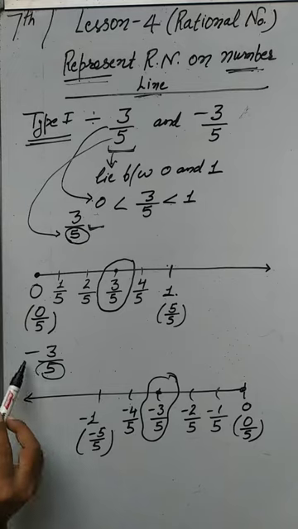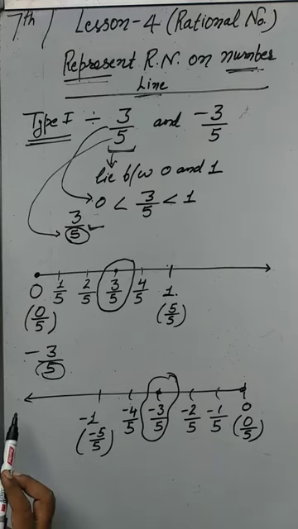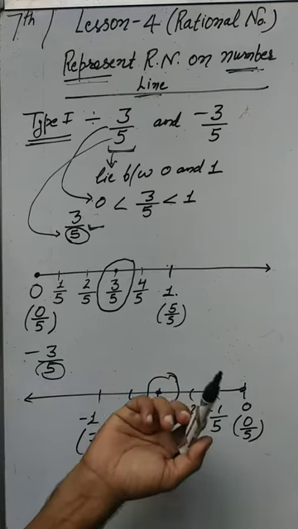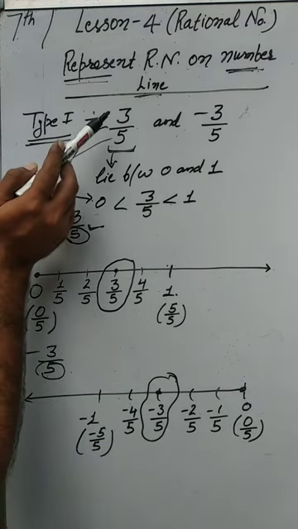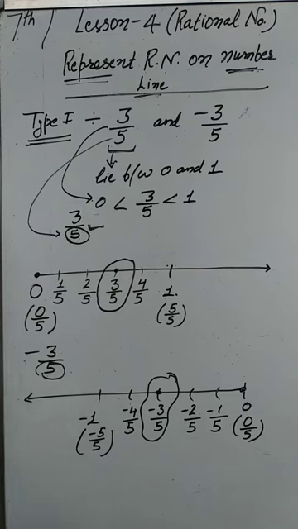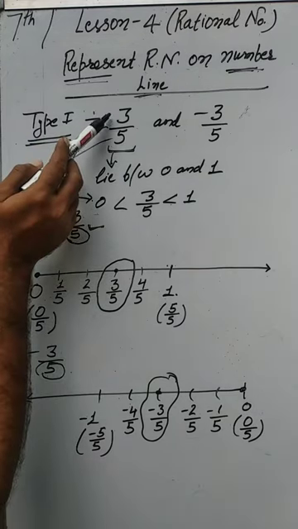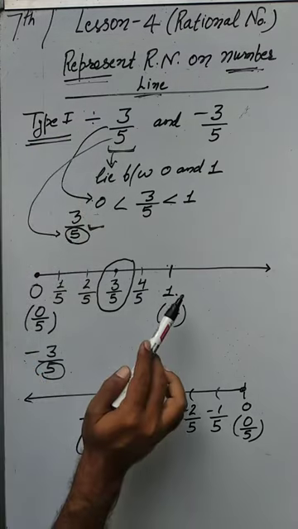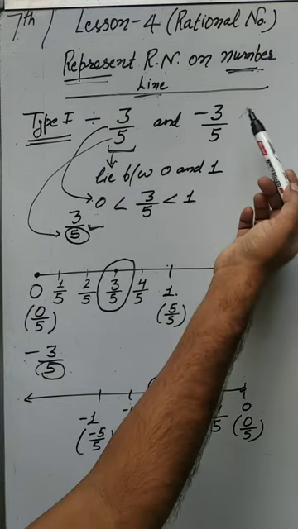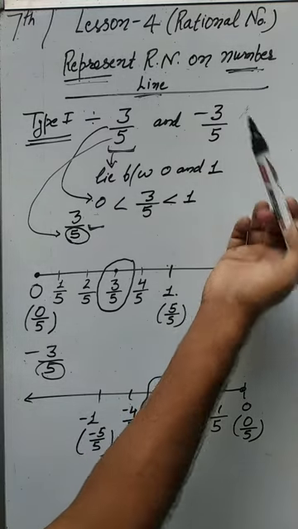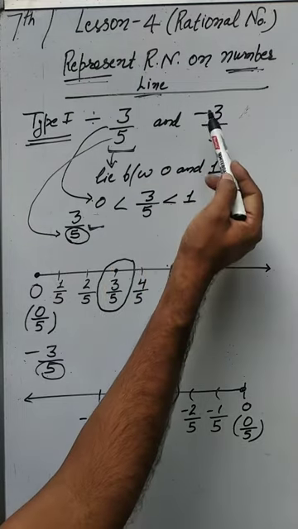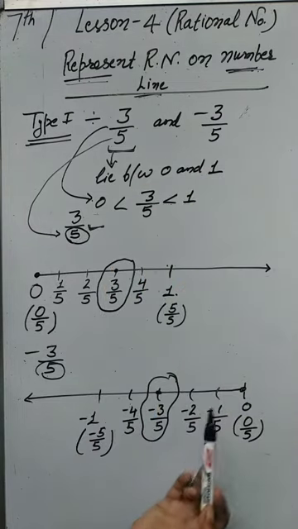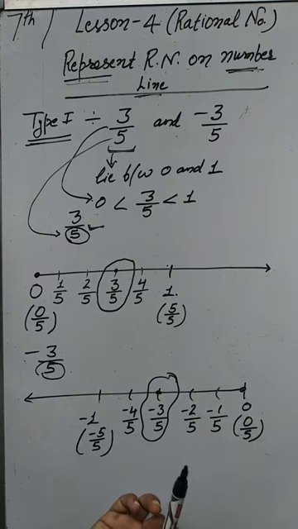Clearly, negative rational numbers lie on the left hand side of 0, positive lie on the right hand side of 0. Understood, beta? All the rational numbers in which numerator is smaller than the denominator and the sign is positive lie between 0 and 1. And in which numerator is smaller than denominator, forget about the sign, and the sign is negative, they lie between minus 1 and 0.